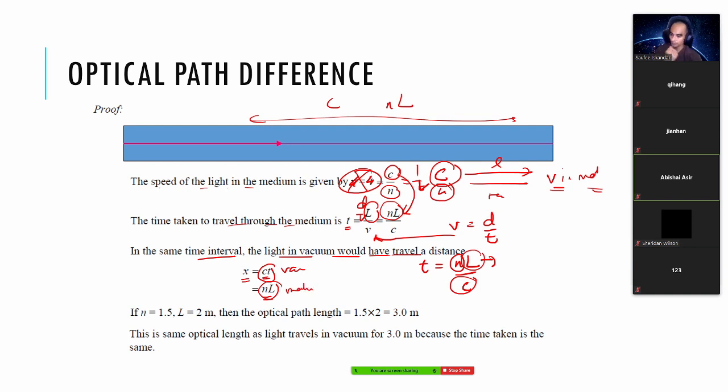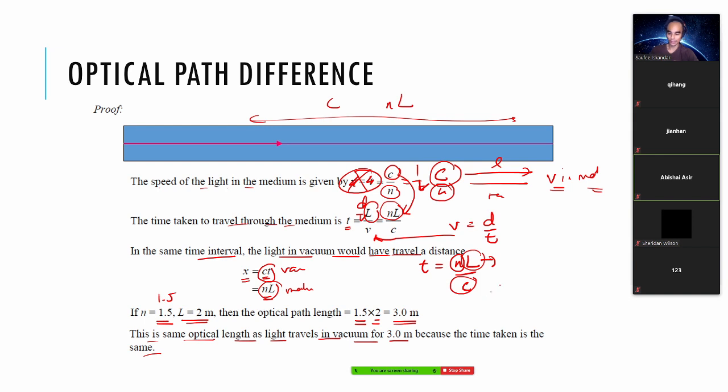If n equals 1.5, the refractive index for glass, and L is 2 meters, meaning the glass is 2 meters, then the optical path length is 1.5 times 2, which is 3 meters. This is the same optical length as light traveling 3 meters in a vacuum, because the time taken is the same.